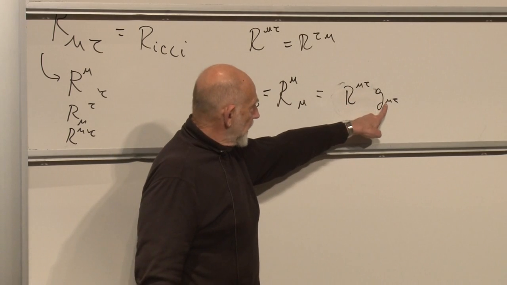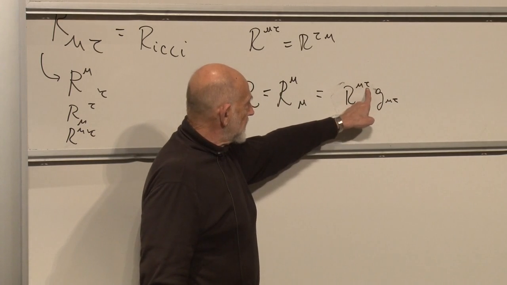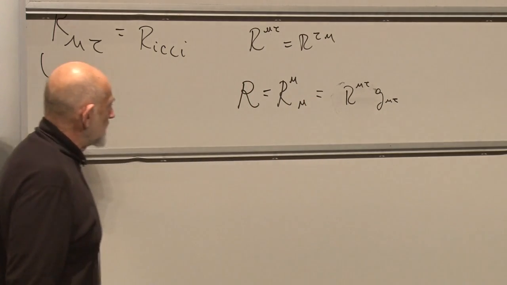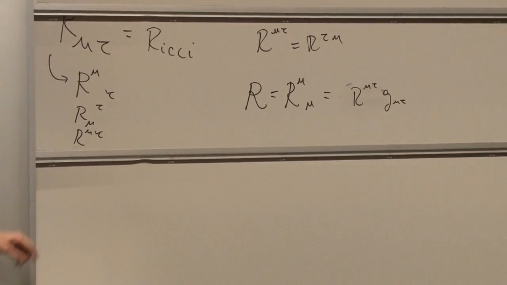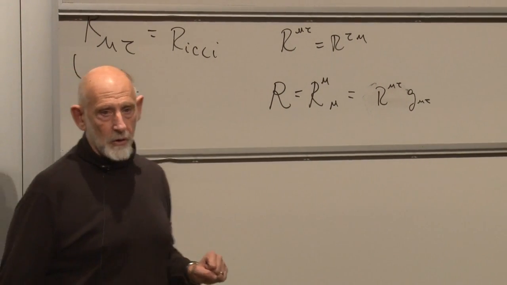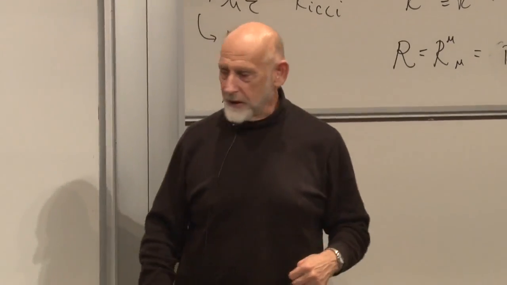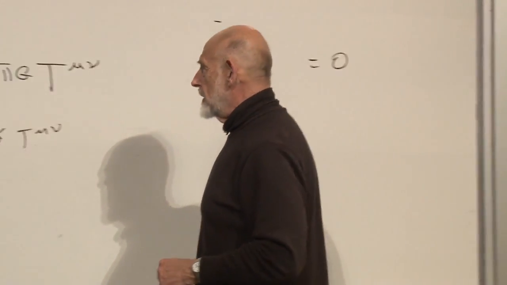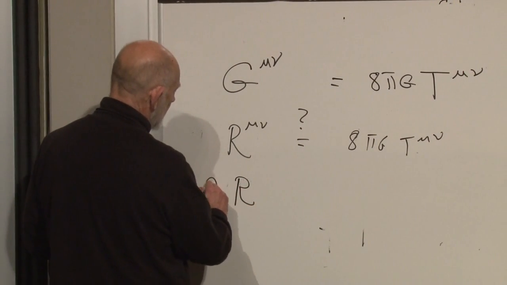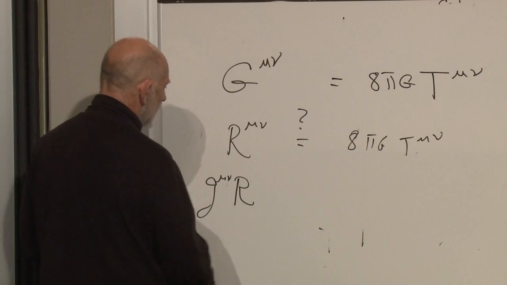The action of this g lowers the index tau and makes it into mu, and then it becomes just exactly this thing here. These are the same object. This is called the curvature scalar. It's a scalar. It has no indices left at all. So it's not what we want on the left-hand side. But we can multiply it by g mu nu.